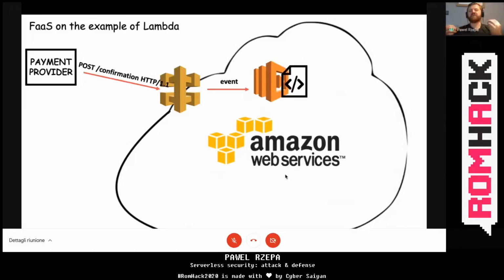So the confirmation comes from the third party, from the payment provider. Then the Lambda function is invoked, and this request from the payment provider is handled and validated, and if everything is okay, then an email is automatically sent to your customer with the URL to your course.